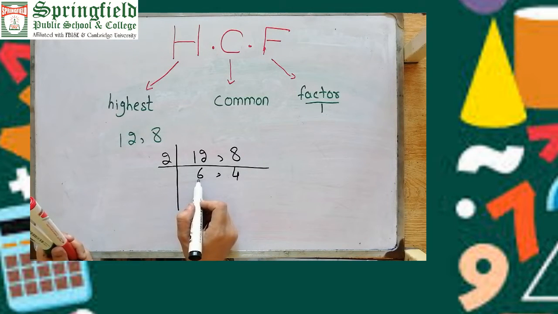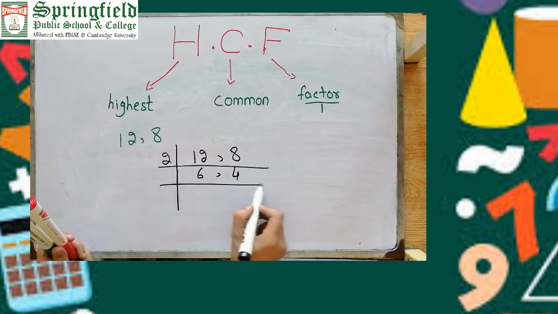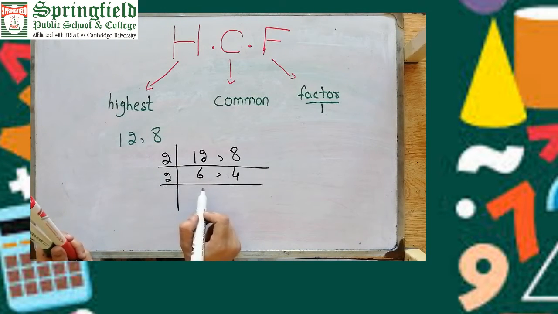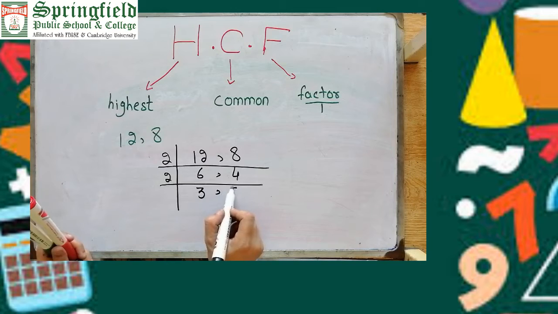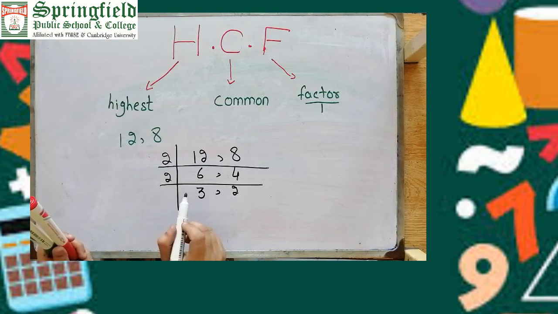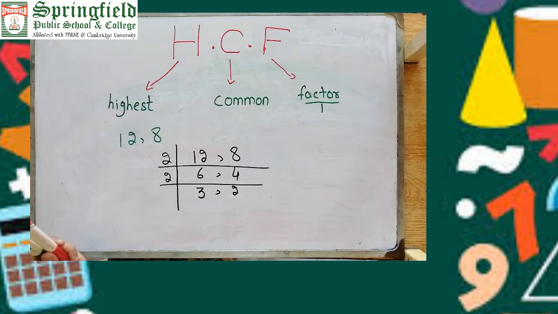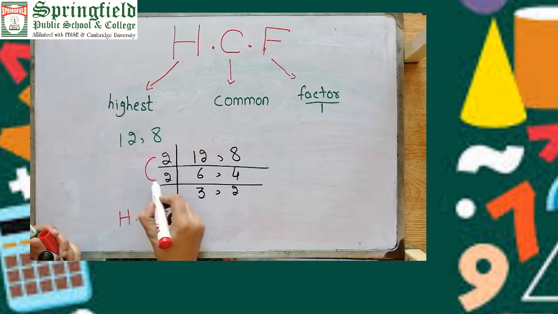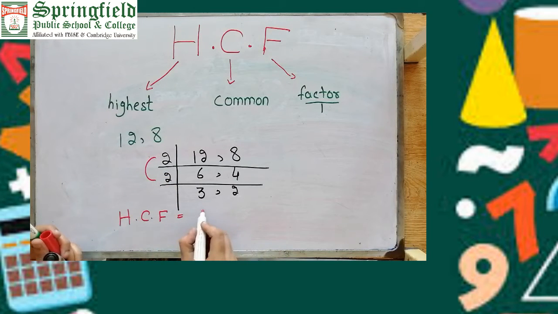Again, both numbers can be divided by the table of 2, so again I will take the table of 2. 2 threes are 6 and 2 twos are 4. And further 3 and 2 do not come in the same table, so we will stop here. So what will be the HCF now? HCF will become the multiplication of the factors. 2 multiply 2 is equal to 4.